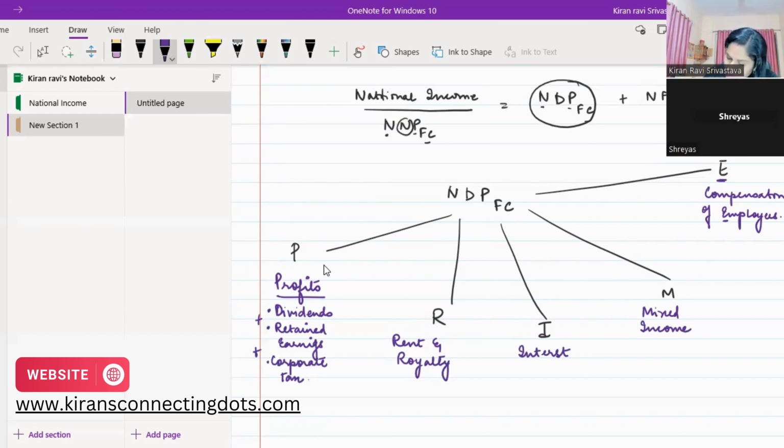Then under compensation of employees, what are the various things which can be given to you other than compensation of employees?